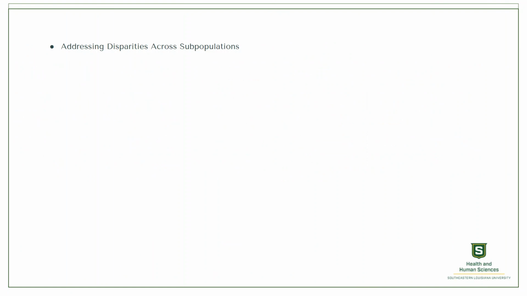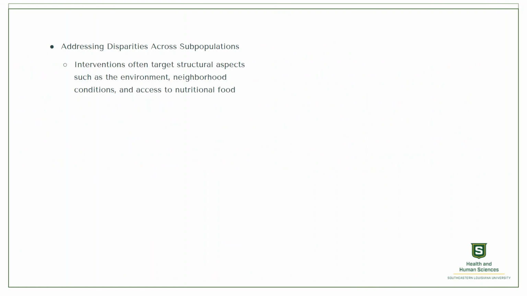So, what are the ways to address disparities across subpopulations? It's important that interventions are targeting structural aspects that increase the vulnerability of subpopulations, looking at it in terms of environment, neighborhood conditions, as well as access to nutritious food.